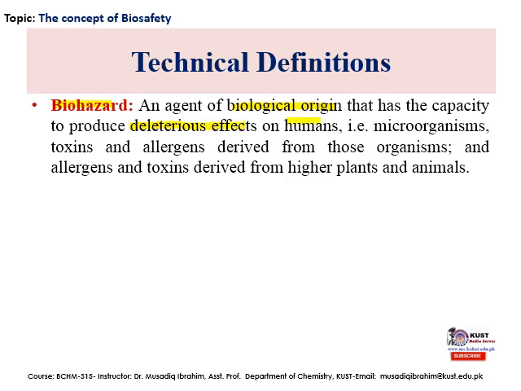So the examples are commonly the microorganisms, the toxins which are produced by the microorganisms, the allergens which are also the byproduct of the microorganisms, as well as the allergens and toxins which are derived or obtained from higher plants and animals.